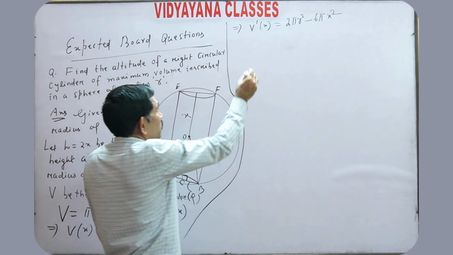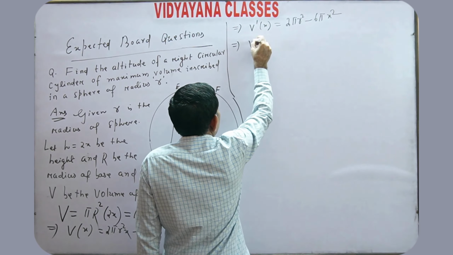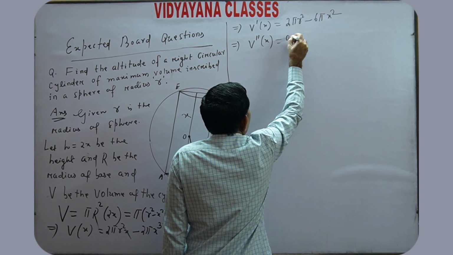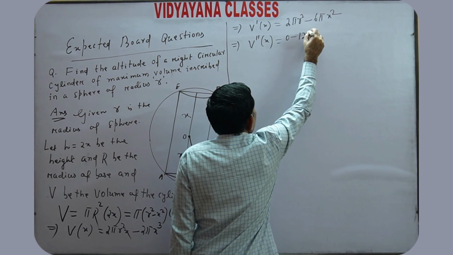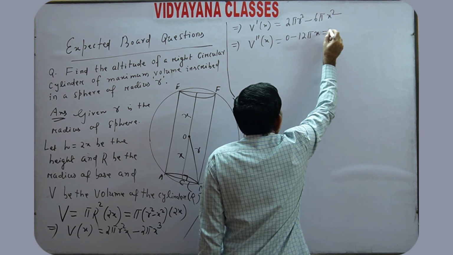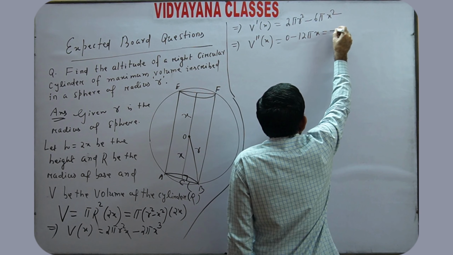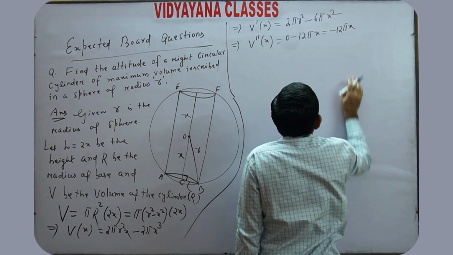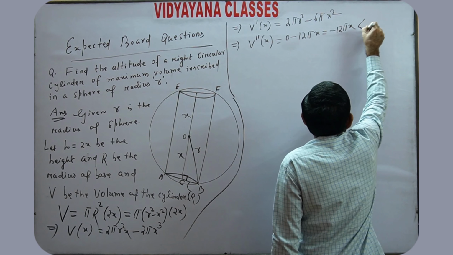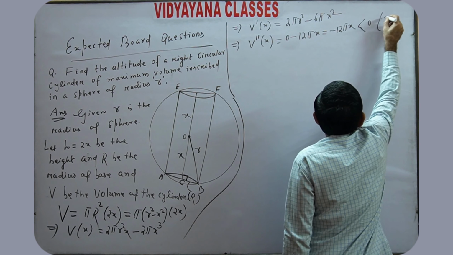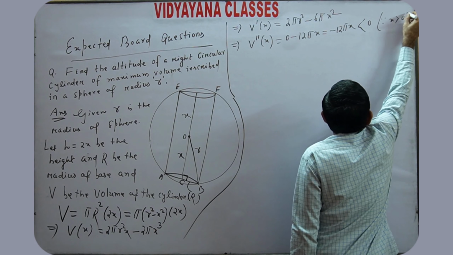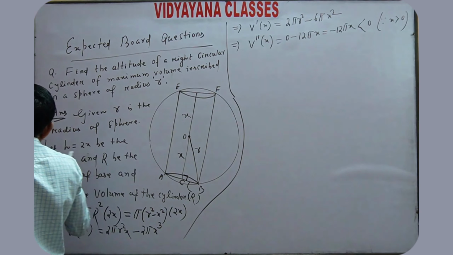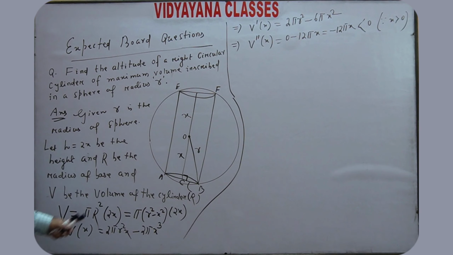Again differentiating both the sides with respect to x, V double dash x is equal to 0 minus 12 pi x, which is less than 0, since x is greater than 0 and 2x is the height of the cylinder.